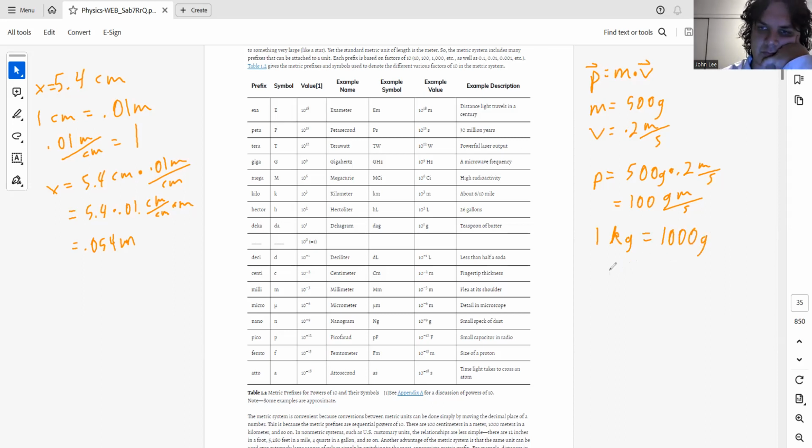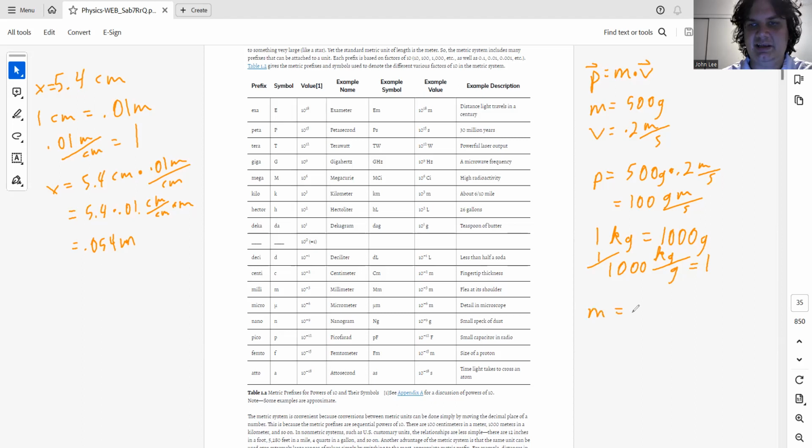So 1 divided by 1000 kilograms per gram is going to give you 1, which is just what we're allowed to multiply our mass by.